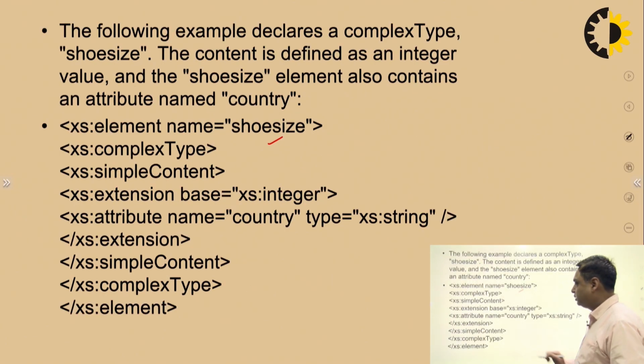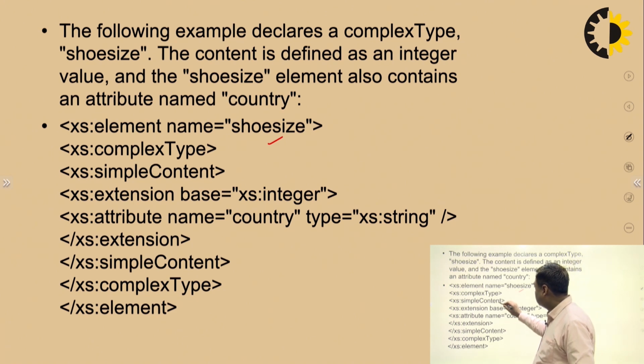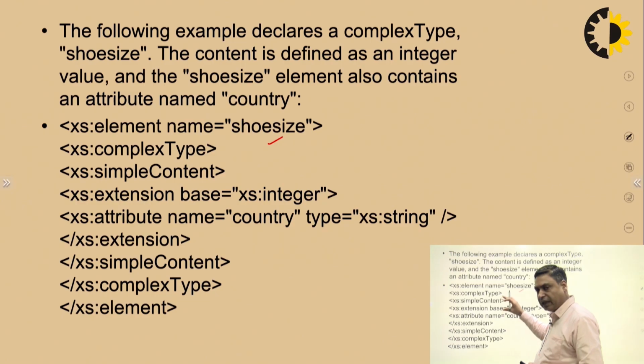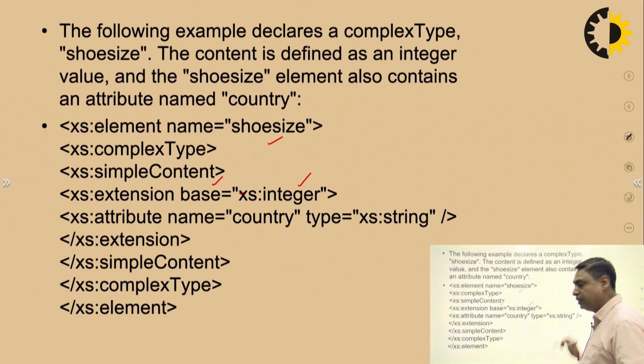So shoe size is a complex type and it has only the text content. The content of this shoe size will be very simple content. So we have written the simple content, and it can have any string. We have written the extension base as integer, because we want to put the value in integer, that is why we have written integer here.